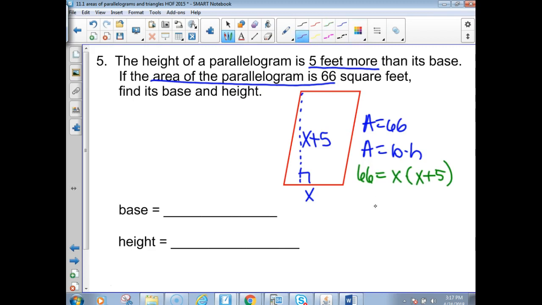Some of you are in Algebra 2 concurrently with geometry. You should know what's going on right now. You have been doing a bunch of this all year. x times x is x squared, plus x times 5, 5x. I distributed. And now I would set it to 0 by subtracting 66 from both sides. I get x squared plus 5x minus 66.